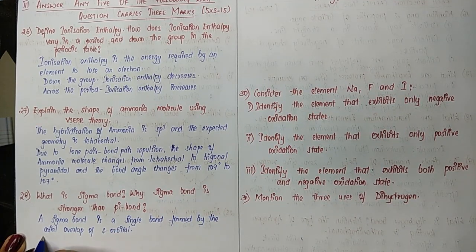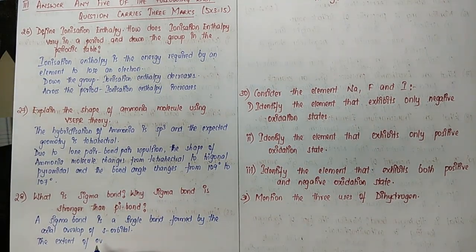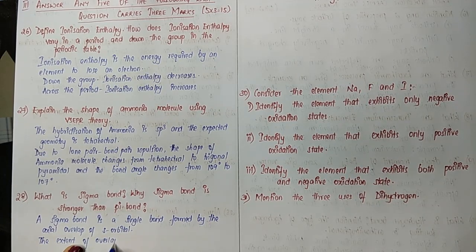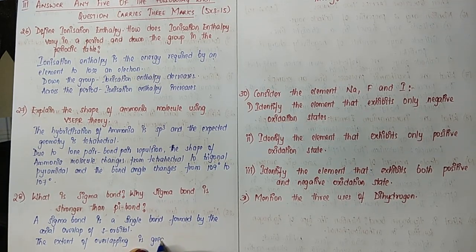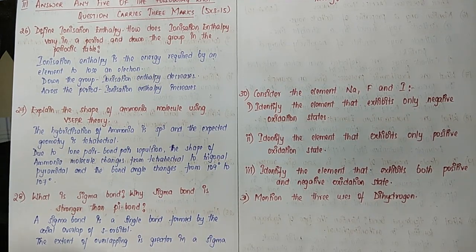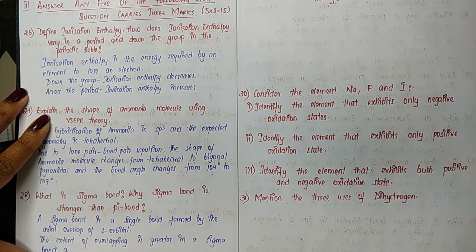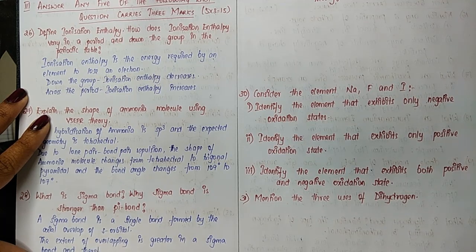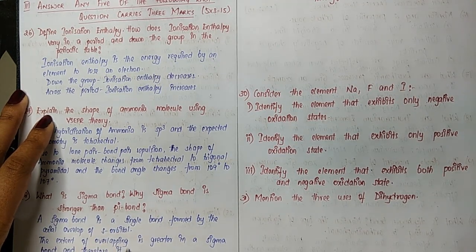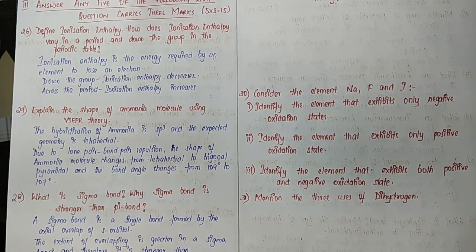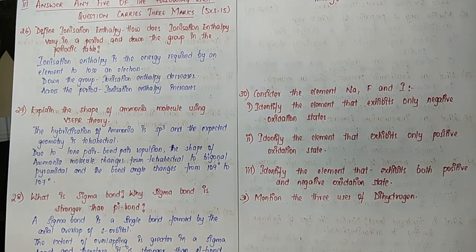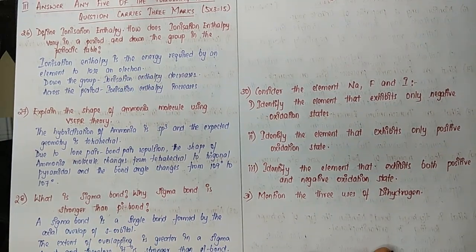We can write that the extent of overlapping is greater in a sigma bond and therefore it is stronger than a pi bond. So just a simple definition and a reason to why they are stronger.